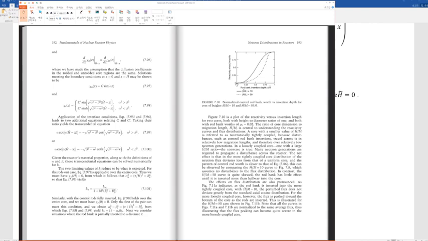As we gradually insert the control bank, maybe this would be when a quarter of the reactor is occupied by the control bank. This is the case when the control bank is inserted half of the reactor, and when the control bank is fully inserted.